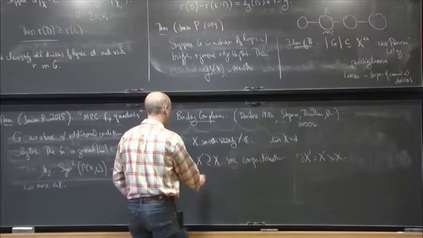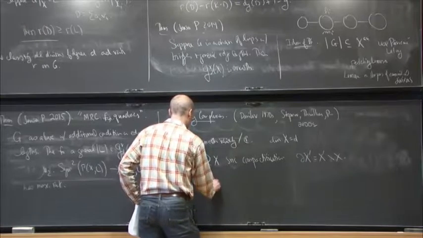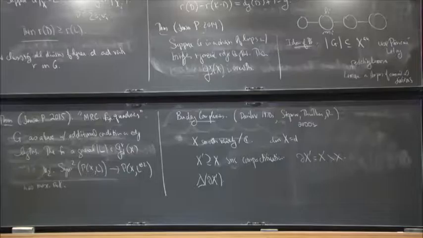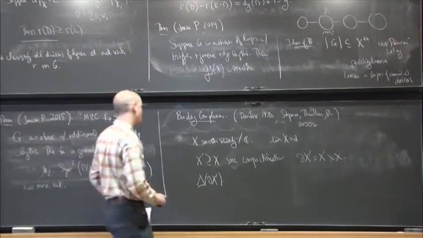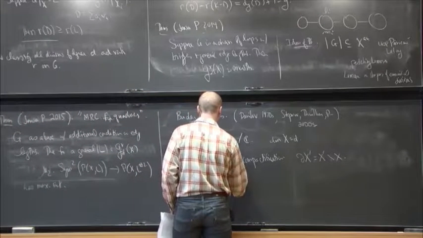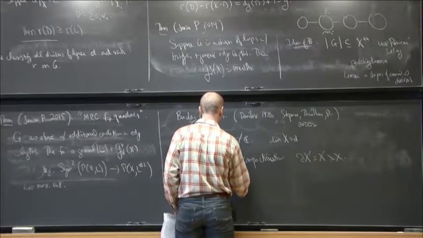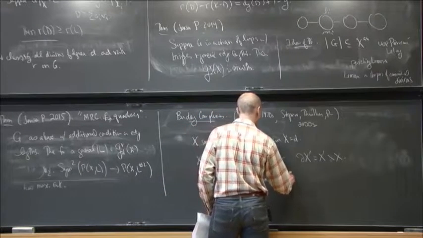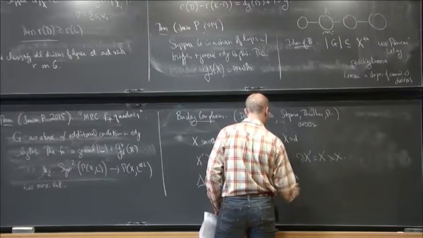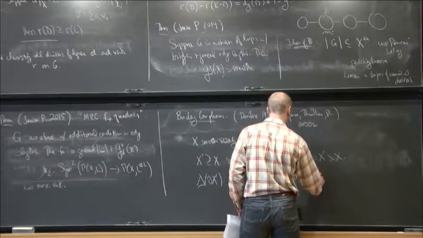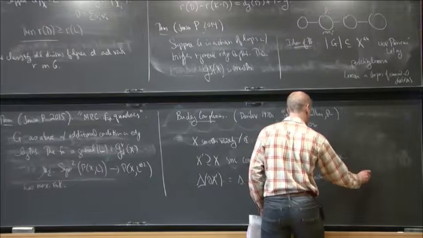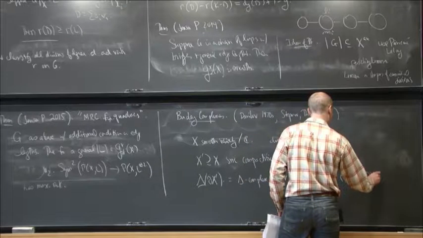And from this, we build a dual complex, which is the analog of the graph that we associated to the special fiber. But this is now associated to the boundary divisor. And so it's a delta complex. So it has one vertex for each irreducible component of the boundary.